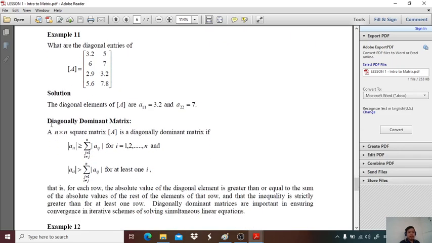So this diagonally dominant matrix, this is a square matrix.